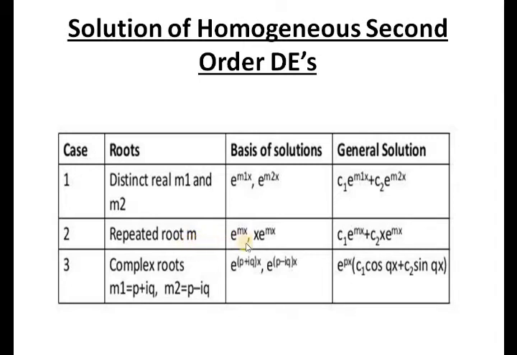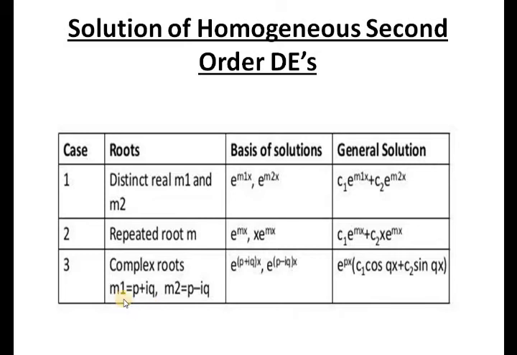So the basis of the solution is e raised to mx and x e raised to mx. So the general solution will be of the form c1 e raised to mx plus c2 x e raised to mx. Then the third case is when the roots of the auxiliary equation are complex roots.